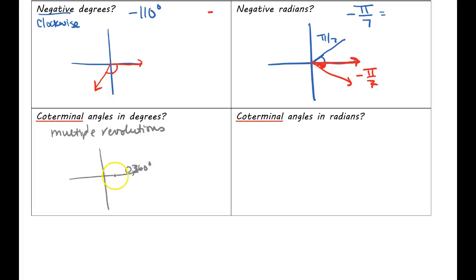If it's 0 or 360, well, that's if I go around the circle once. What if I kept traveling around the coordinate plane another time? So if I took another lap, then I've gone how many degrees? I've gone 360 plus another 360, and I've gone 720. That, my friends, is a coterminal angle. It's multiple angles that land in the same spot, okay? So angles that end up in the same spot.